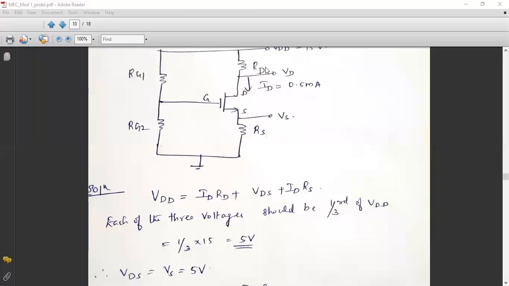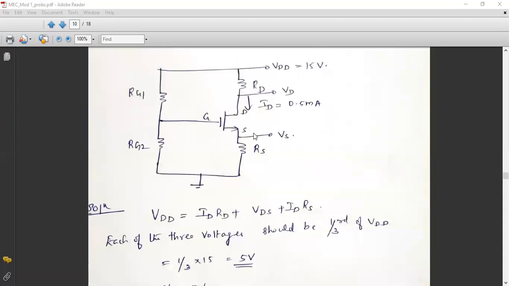So as of now, we have designed RD and RS. Now what is pending? Design means you have to find all the unknown resistance values. Sriraj, what is pending now?